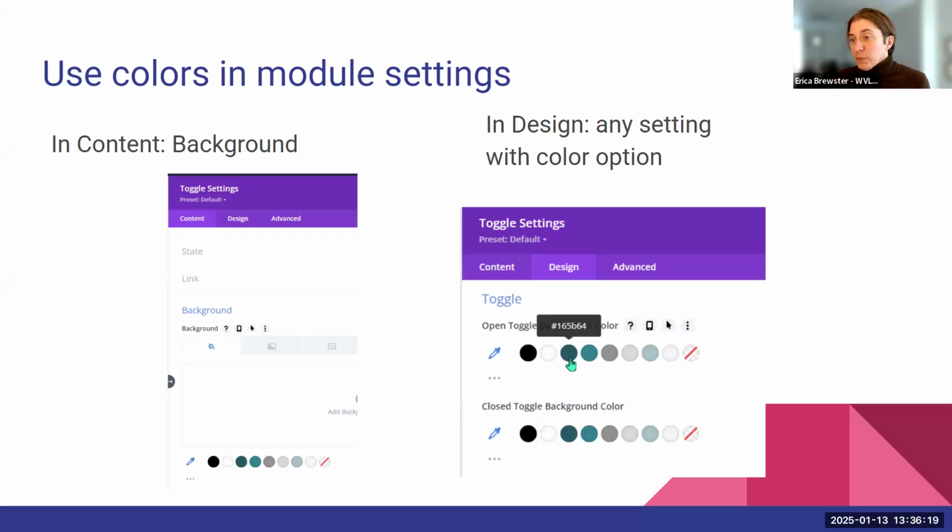I will show you in a second, but basically when you are in a module in the content settings, the main thing will be if you wanted to add a background to your module, you would have your color palette options below. And if you are in the design of a module, anytime that there was a color option, whether it be for a border or text color or anything else, that color palette will show up there.